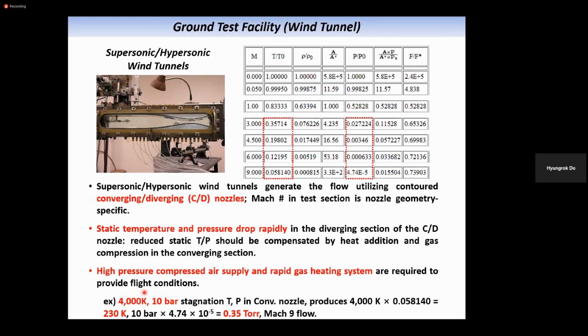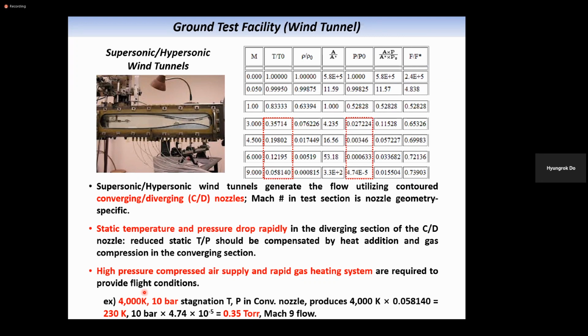So this may require some time to reach an equilibrium state. And this 4,000 Kelvin temperature is maybe not uniform. Some molecules should be excited, and some should be dissociated to form different species.